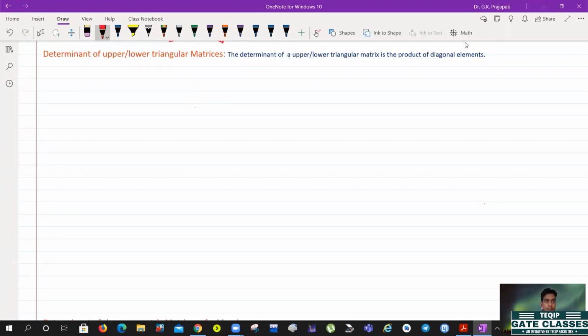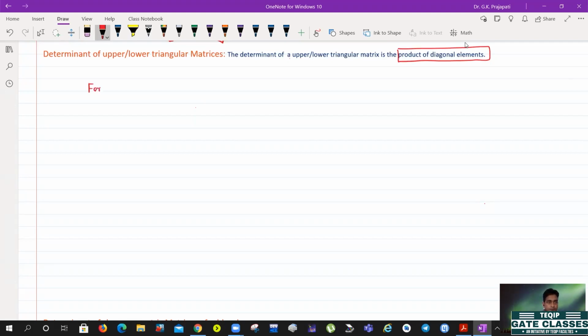Now the determinants of upper and lower triangular matrices. The determinant of an upper or lower triangular matrix is again the product of the diagonal elements.